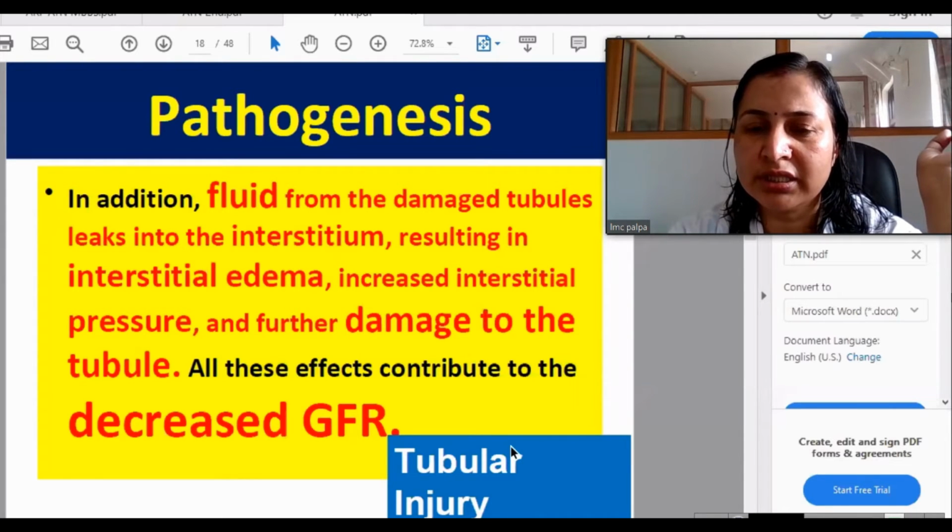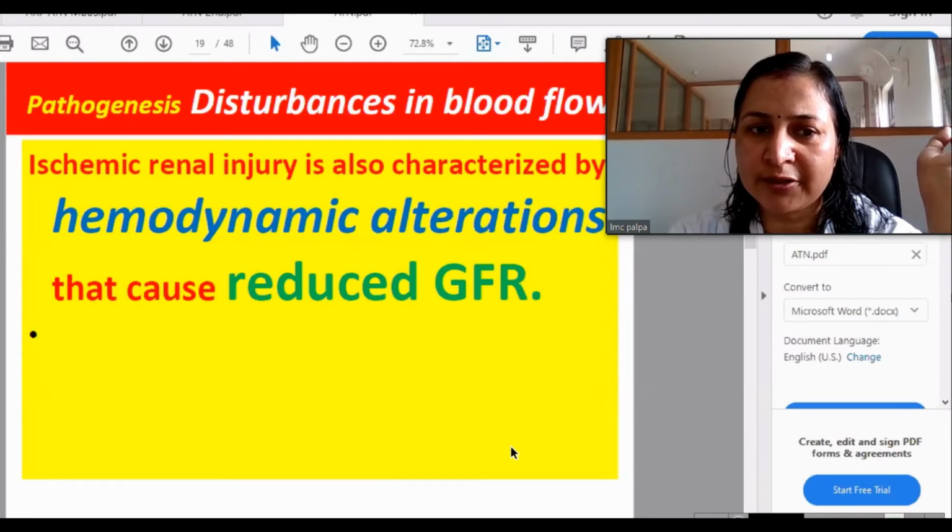So ischemic renal injury or toxic renal injury both ultimately cause hemodynamic alteration and reduced GFR.